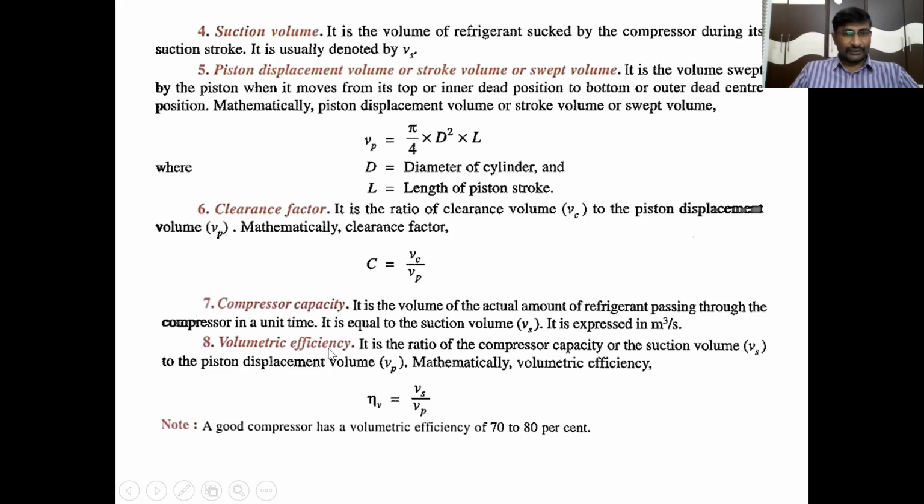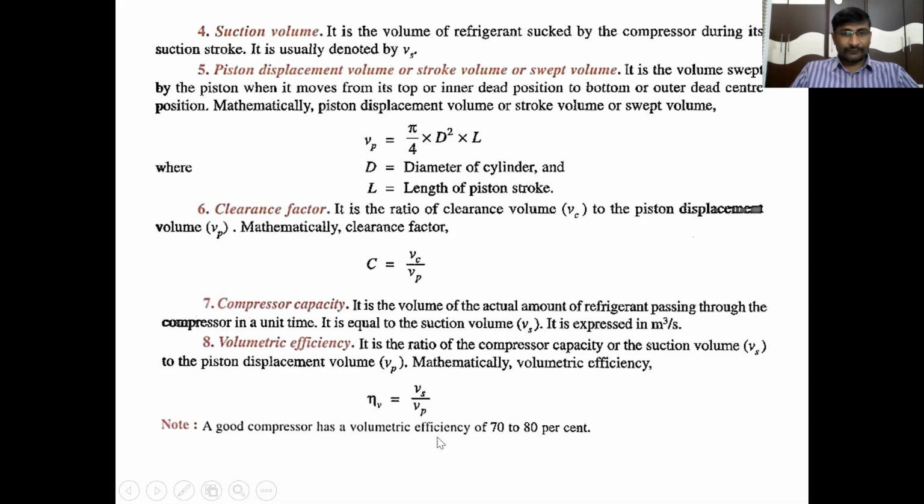Then volumetric efficiency. It is the ratio of compressor capacity, or actual volume or suction volume, to the piston displacement volume VP, or stroke volume or swept volume. So mathematically, volumetric efficiency eta V is equal to Vs by Vp. That is the compressor capacity or suction volume to the piston displacement volume.